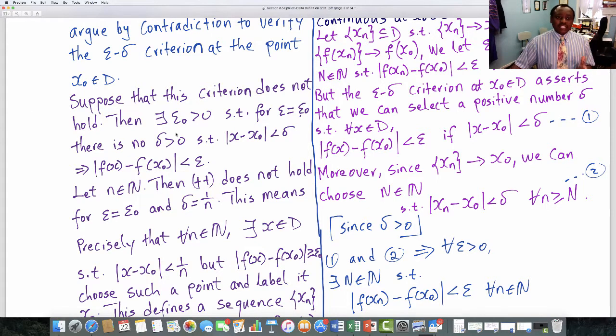What we are saying is that there exists a certain epsilon naught greater than 0 such that if epsilon equals that particular epsilon naught, then there is no delta greater than 0 such that whenever the absolute value of x minus x0 is less than delta, we would have that the absolute value of f of x minus f of x0 is less than epsilon.